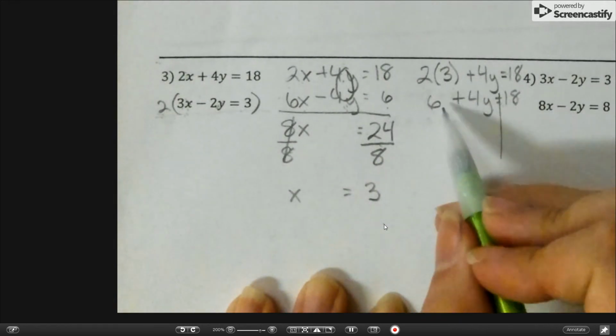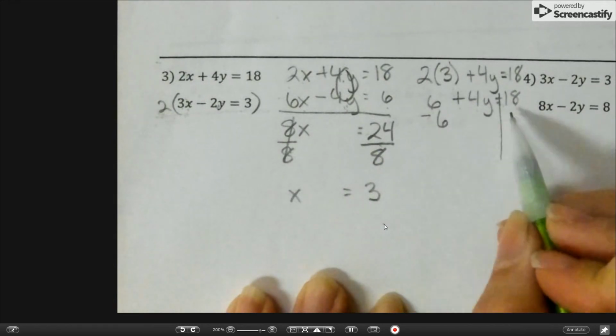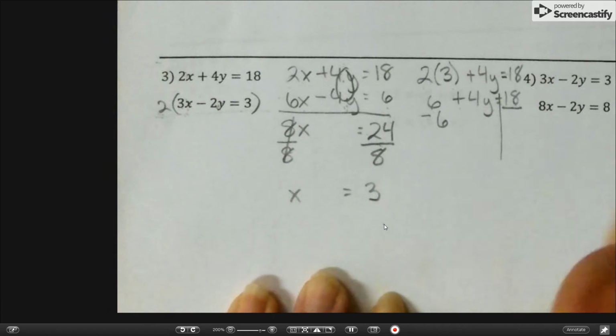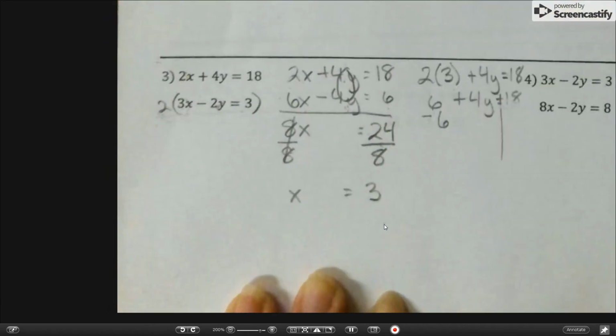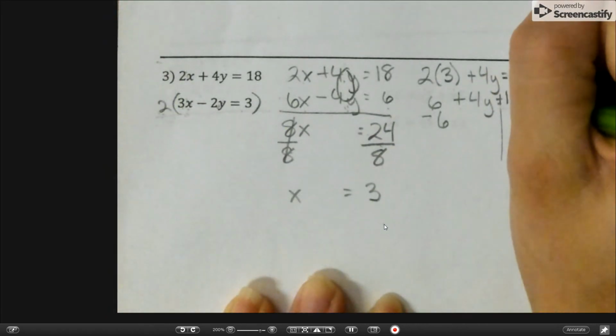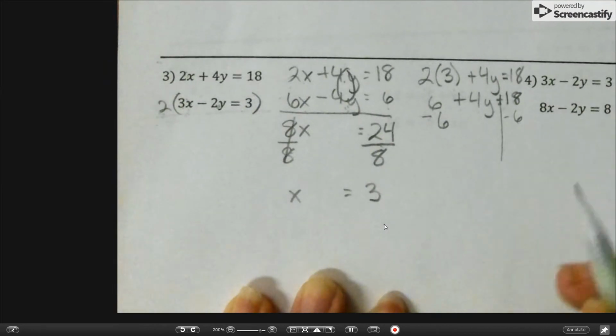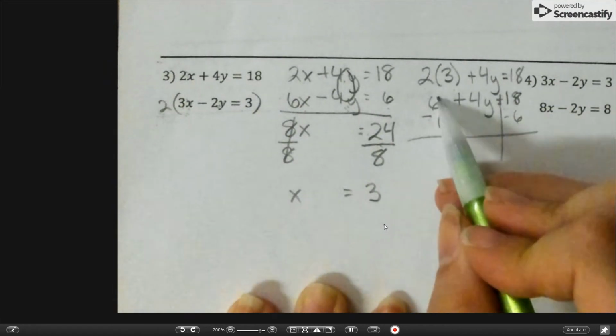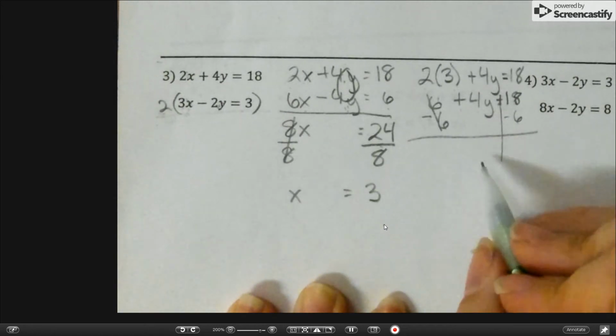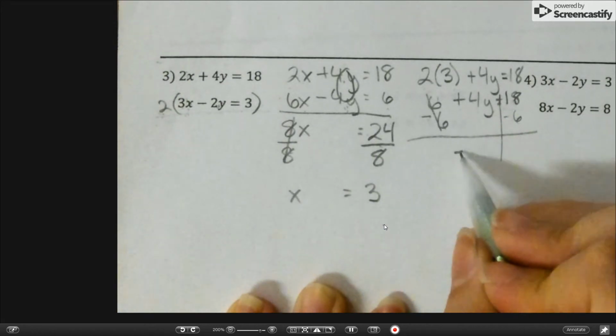The easiest thing to do would be to subtract the 6 first. We're going to subtract the 6 first from both sides of the equal sign. So subtract 6. Over here, 6 minus 6 is 0. We're going to bring down the 4y.